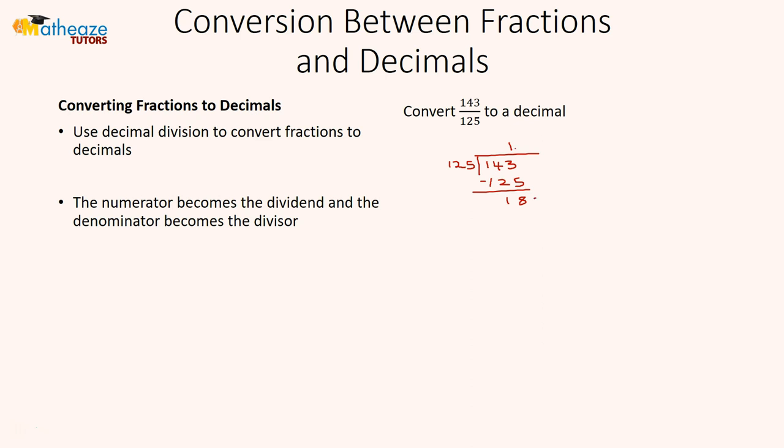It gives us the license to introduce a 0 here. 180 divided by 125, we get a 1. 1 times 125, 125.